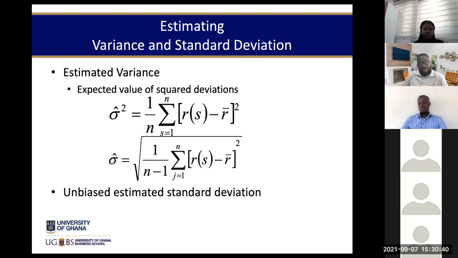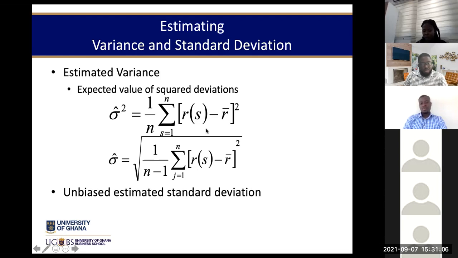If I ask you what the return in 2020 was for the S&P 500, what will you tell me? It was 18.25%. You know, and nobody tells me that there's a 20% probability that it will be 18.25. No. Historical returns we know with certainty. So that's why there's no probability here.